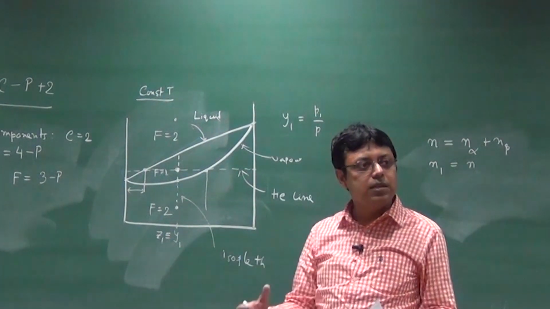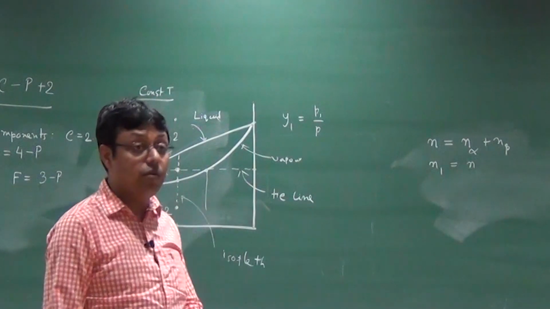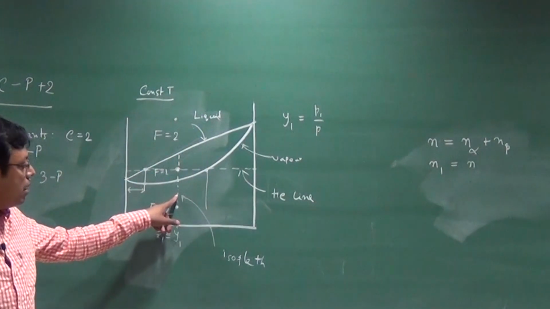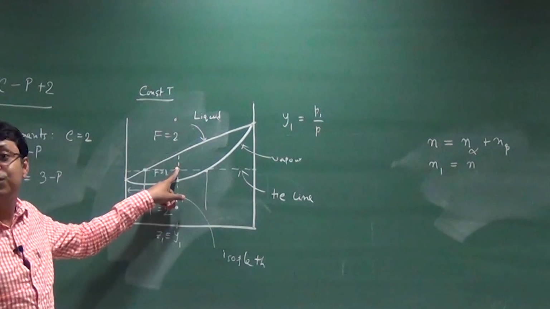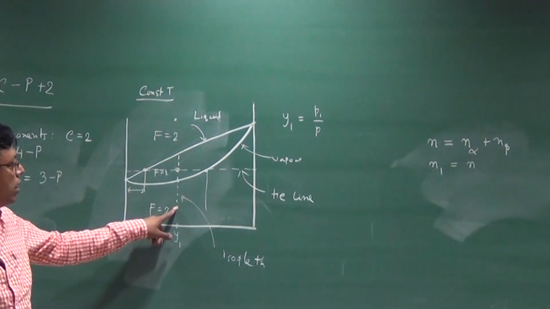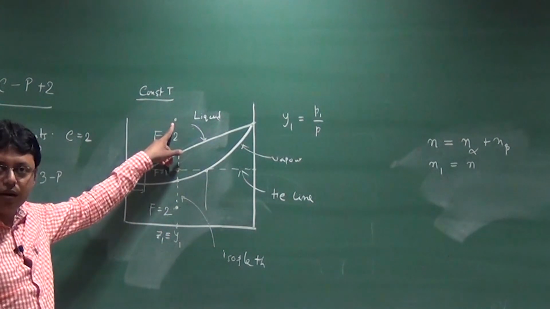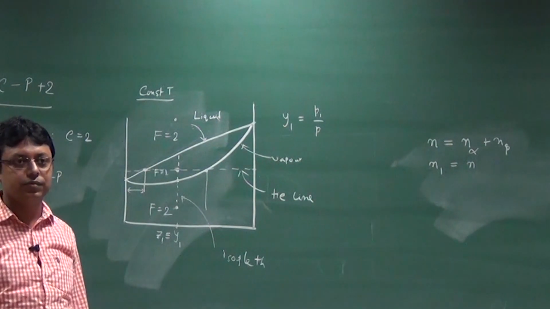So Z1 means overall composition. Z1 has a meaning when I am in this phase or in this phase, but here the composition cannot be Z1, it will split. So here Z1 is equal to Y1, here Z1 is equal to X1, but here Z1 will be split into X1 and Y1.